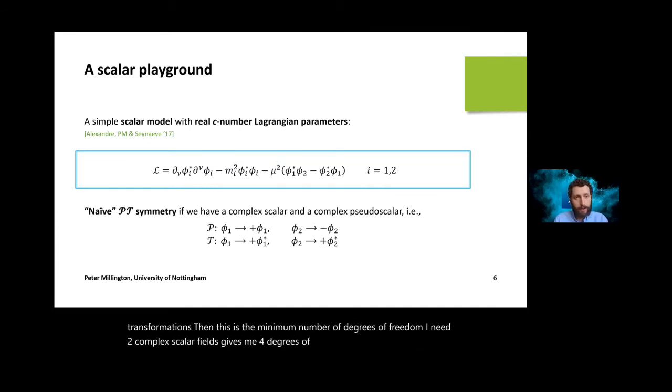And if I look at this Lagrangian and think about the PT symmetry naively, then you can see that this is PT symmetric if one of those complex scalar fields is a pseudoscalar. So if it has an odd phase under parity.